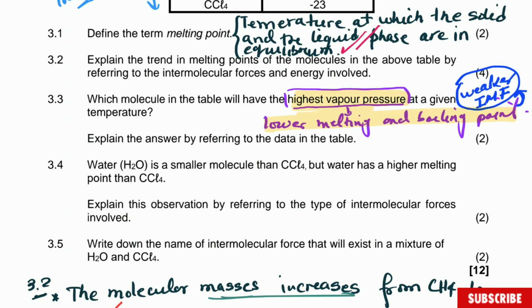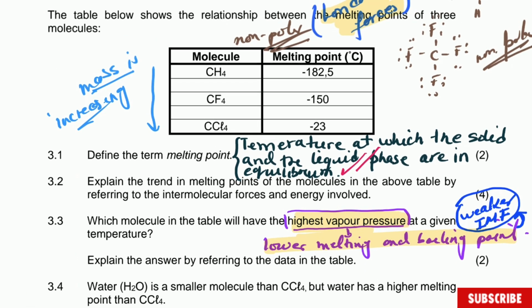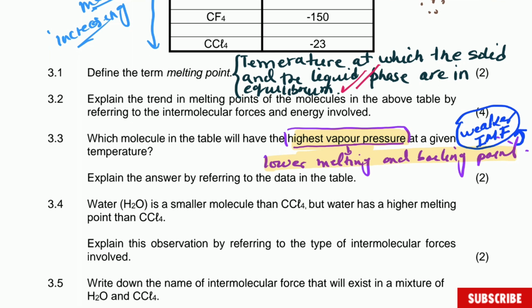And therefore, which molecule in the table will have the highest vapor pressure? The one that has the lowest melting point, and that one will be CH4. So the answer here will be CH4, and you will get 1 mark for saying that. Explain the answer by referring to the data in the table.